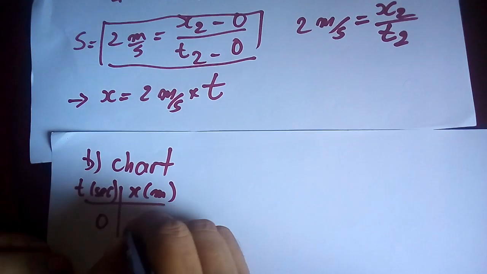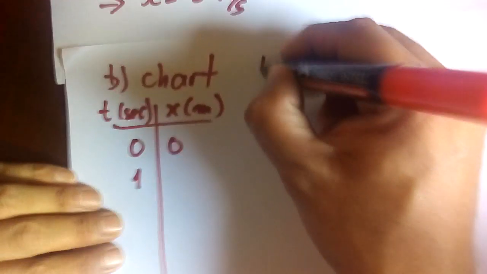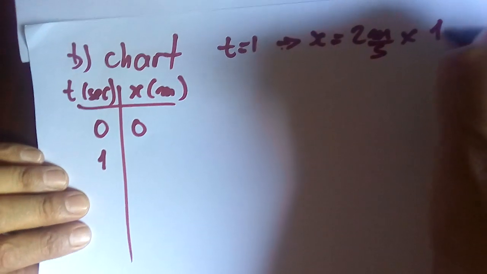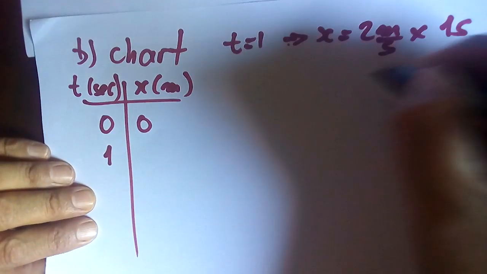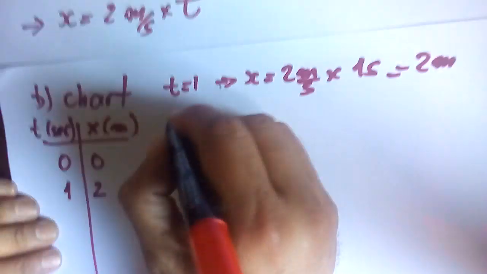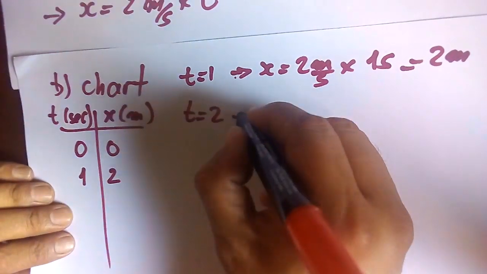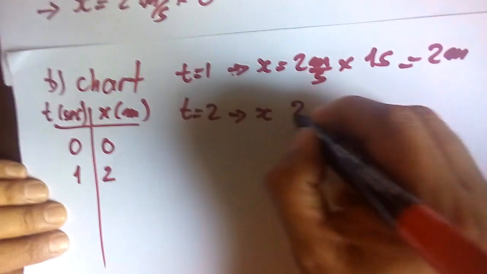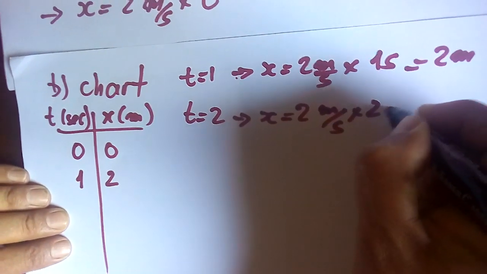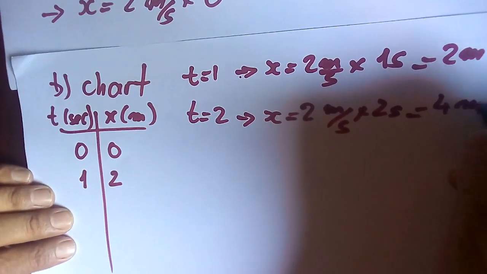So we said when time is 0, x is 0. The second, when my time is 1, then my formula is x is 2 meters per second times 1 second. I cancel the seconds and I get 2 meters. When time is 2, x is 2 meters per second times 2 seconds is 4 meters.